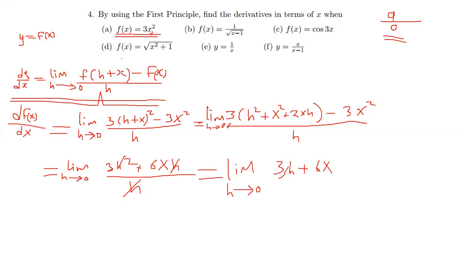So in short, when you put 0 where there's h, we're going to have 3 times 0, which gives you 0, plus 6x. You just have your 6x as your answer there. So that 6x is the derivative of this function. So this is what they wanted.